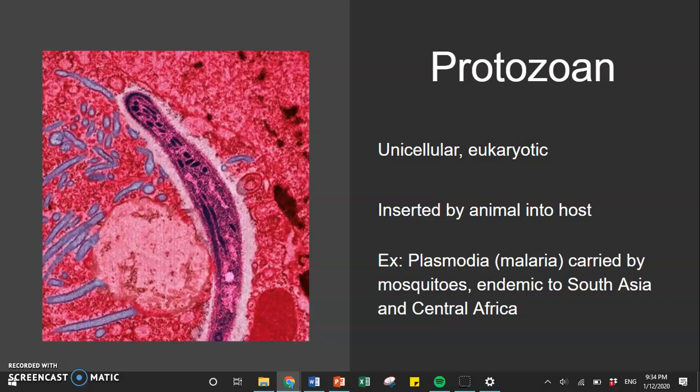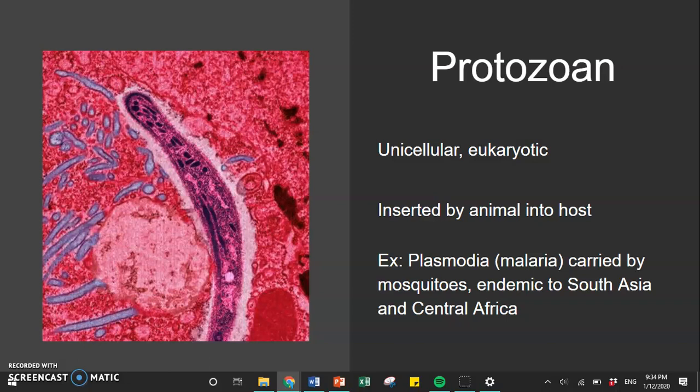So a mosquito is flying around and it has Plasmodia in it, and then the mosquito comes to bite you and inserts Plasmodia into your bloodstream. In doing so, they give you malaria.